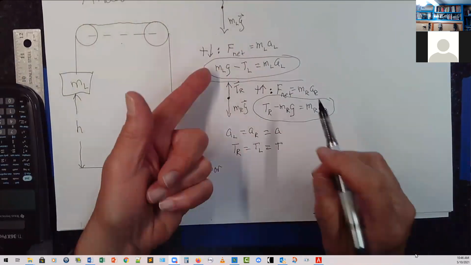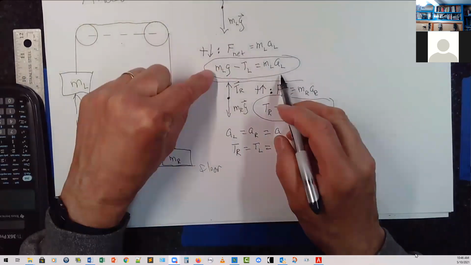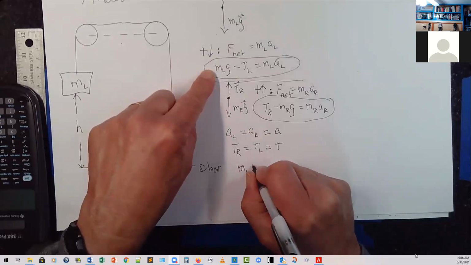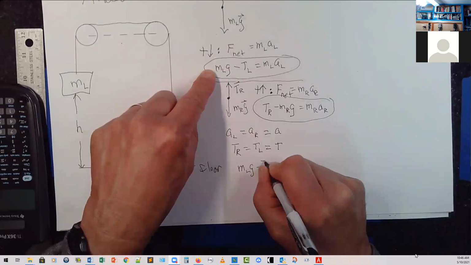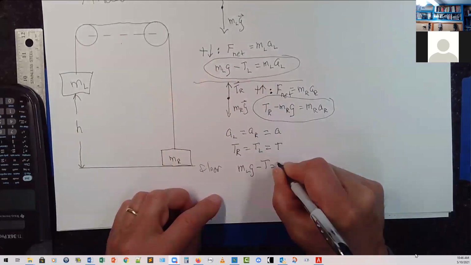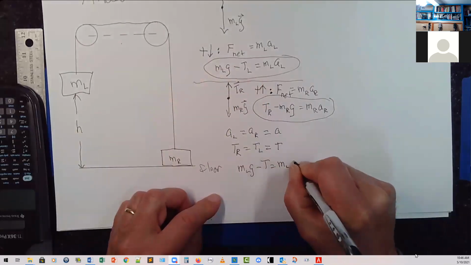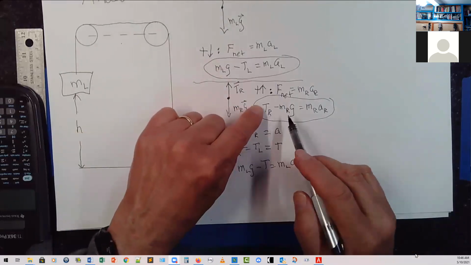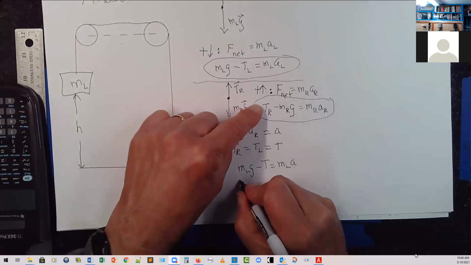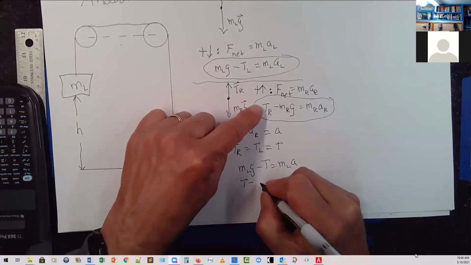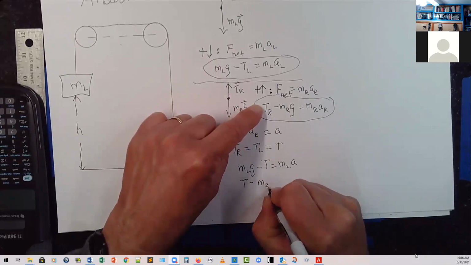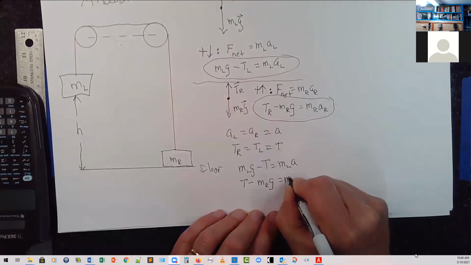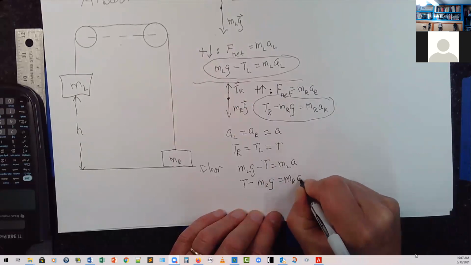Now I'll rewrite these equations. I will have m sub L g minus T is going to equal m sub L a, and for this other equation, T minus m sub R g is going to equal m sub R times a.